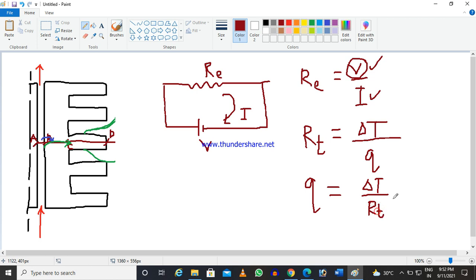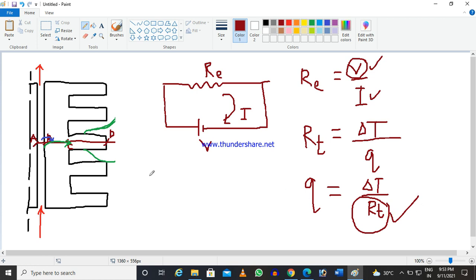What I mean to say is, we'll see this RT later, this RT is quite constant when conduction is taking place, but in convection this is varying.